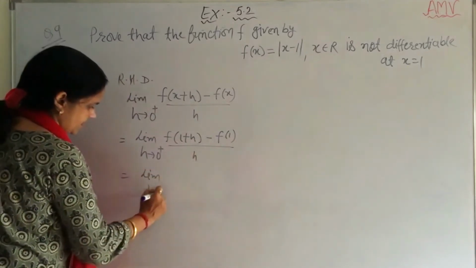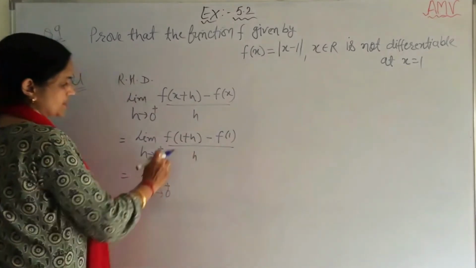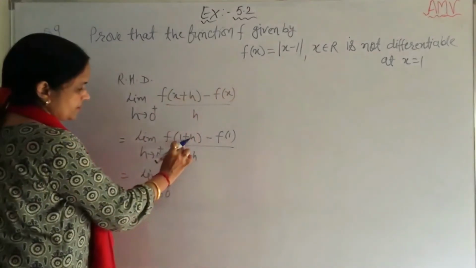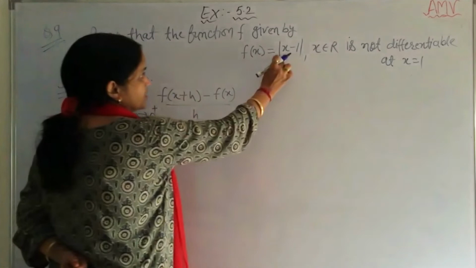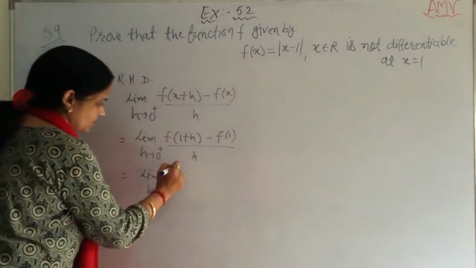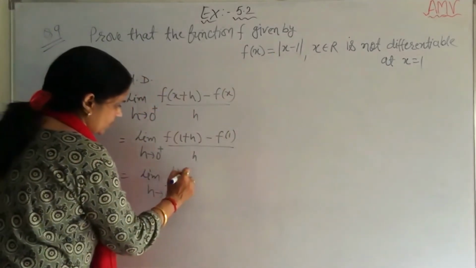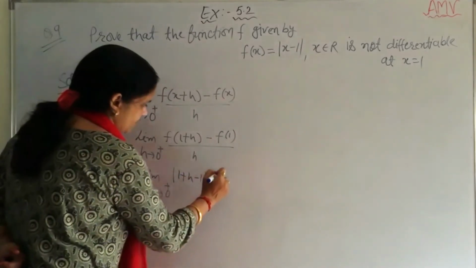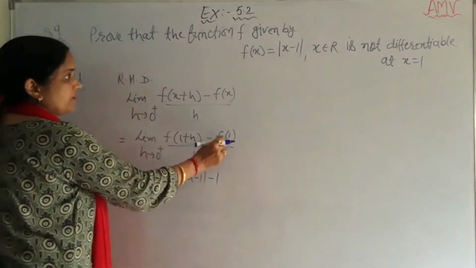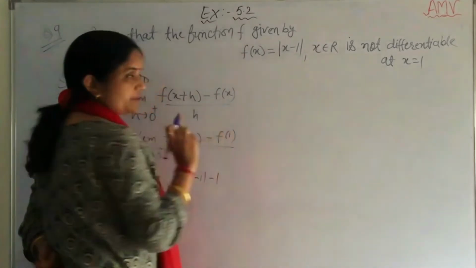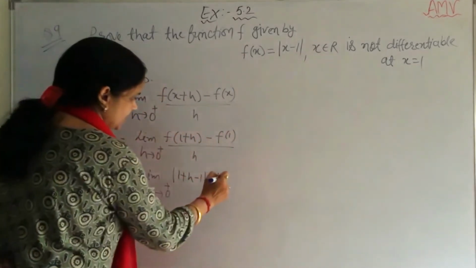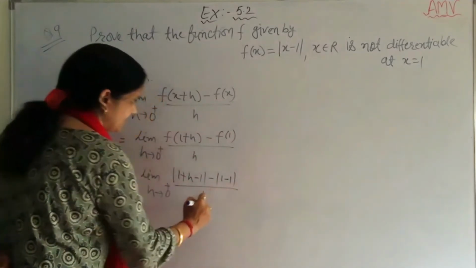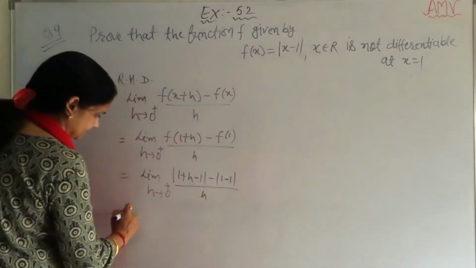Limit h tends to 0 plus. Now, in the given function, write 1 plus h in place of x. You will get here 1 plus h minus 1. And minus for f(1), write 1 in place of x. It is 1 minus 1. And here write h.